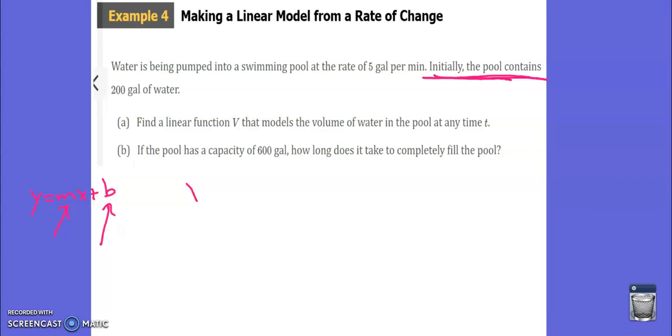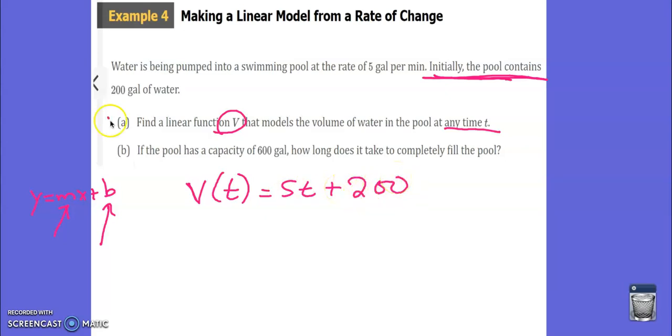Since we're talking about the function V, this is V of t, based on time t, so use the correct notation. It's 5 gallons per minute, so we have 5t plus the initial amount, which is 200.